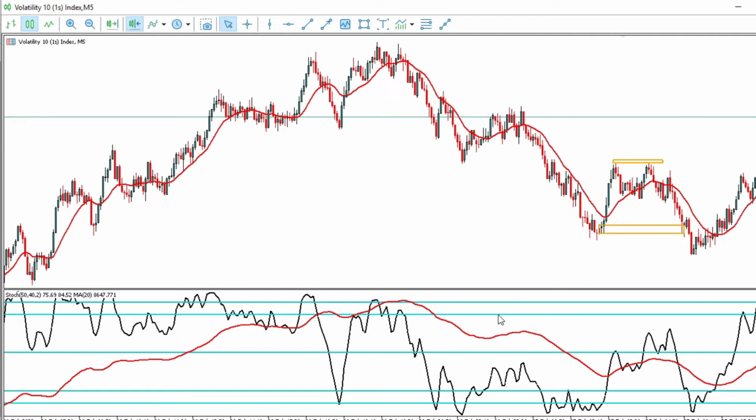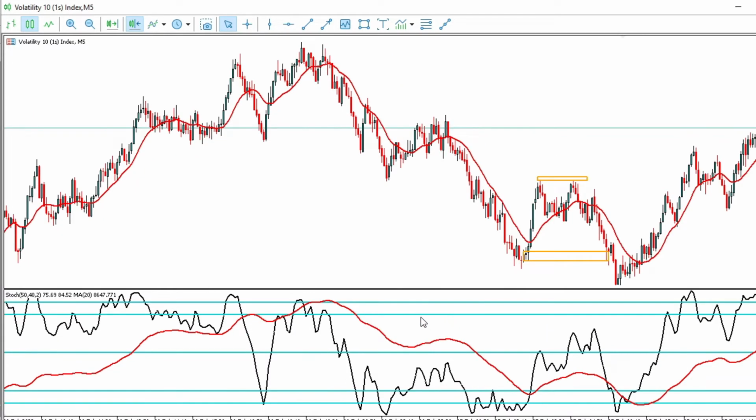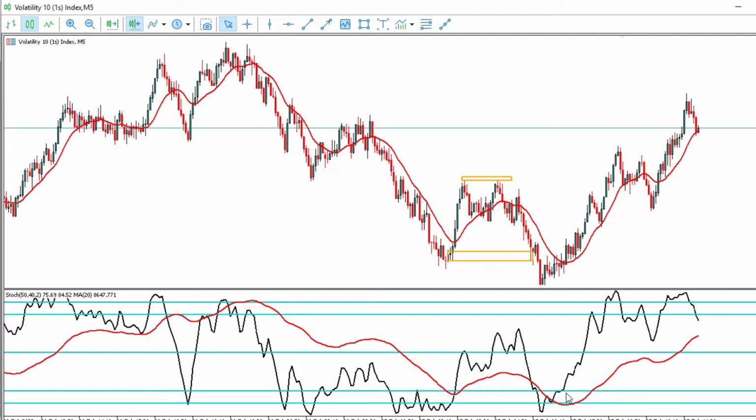Whenever it is between level 80 and level 90, we are looking for sells. Whenever it is between level 10 and level 20, we are looking for buys.